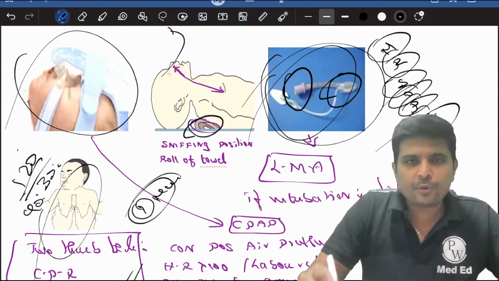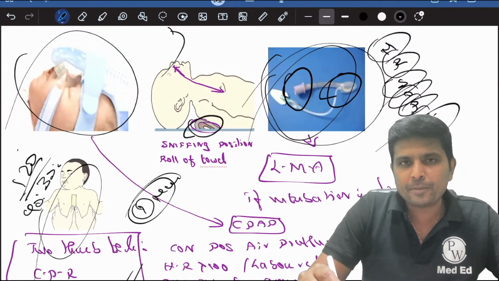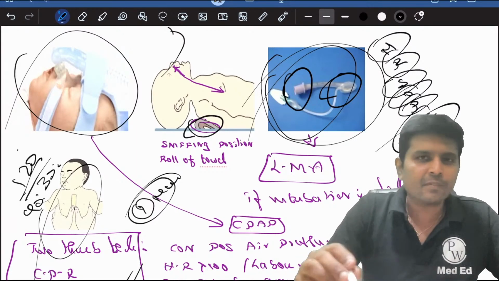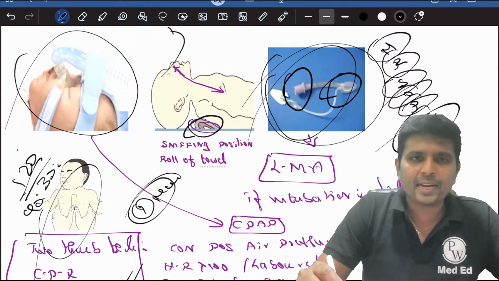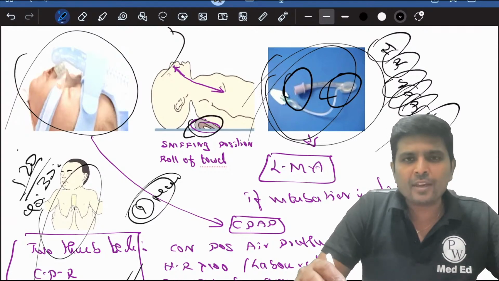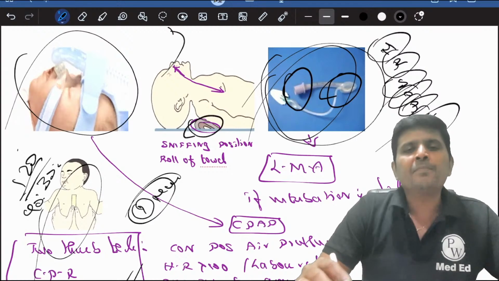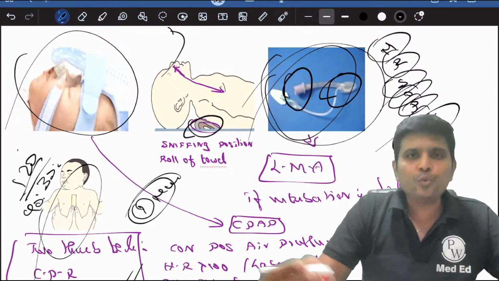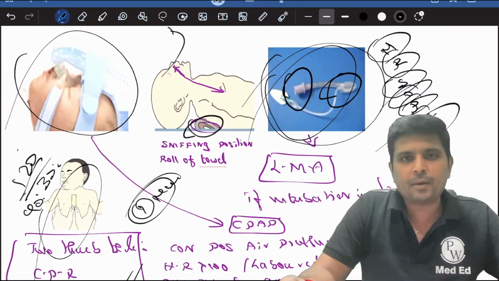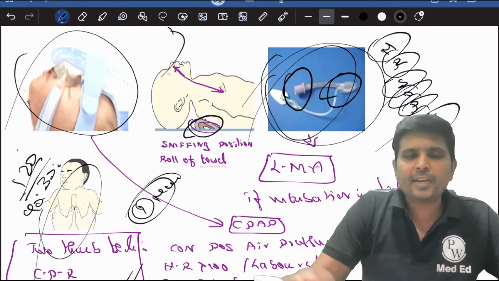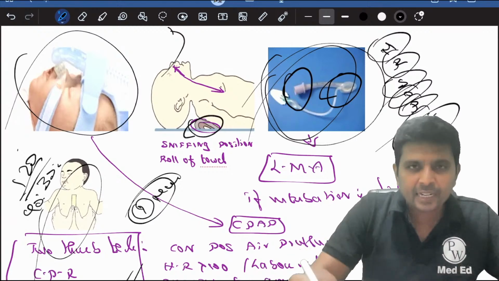See, remember, when your heart rate is less than 100 per minute, you start bag and mask ventilation. When your heart rate is less than 60 per minute, along with the bag and mask or bag and tube ventilation, you start your cardiac massage. But when you have persistent cyanosis or labored breathing, but your heart rate is more than 100 per minute, there is no need for bag and mask ventilation, there is no need for cardiac massage, but this persistent cyanosis and labored breathing should be supported by a good alveolar ventilation.